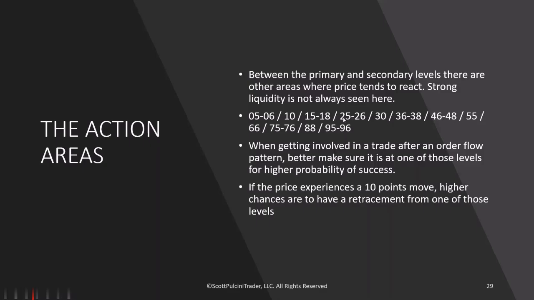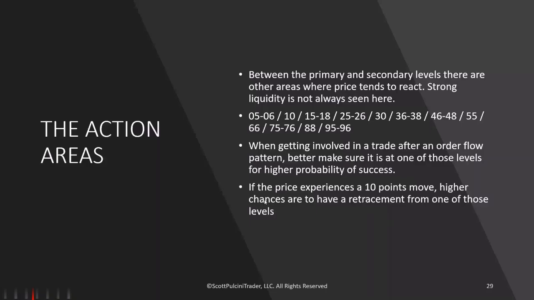Those numbers act as support and resistance. So basically, we are looking to fade moves, okay, to find those exhaustion or absorption patterns around these levels, okay. That's where we want to get involved, okay. Not any pattern at all, but in particular around those numbers.